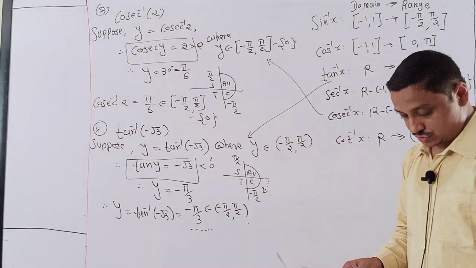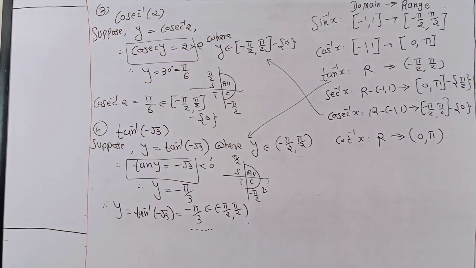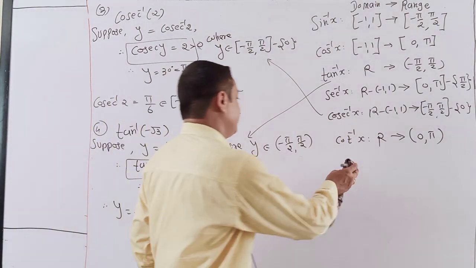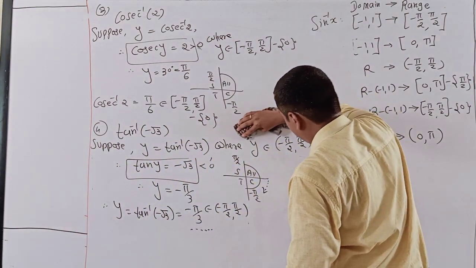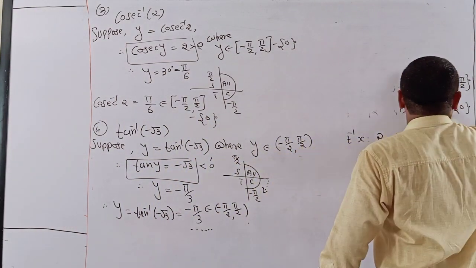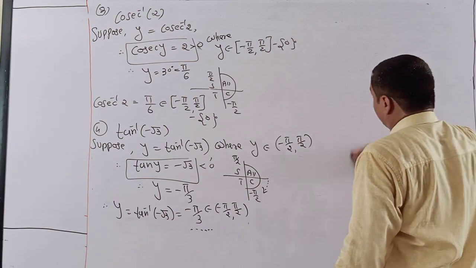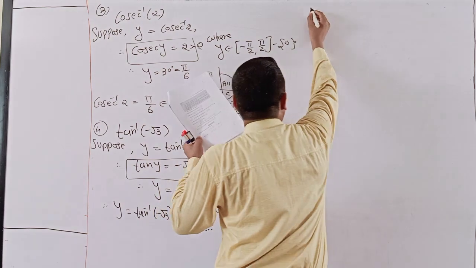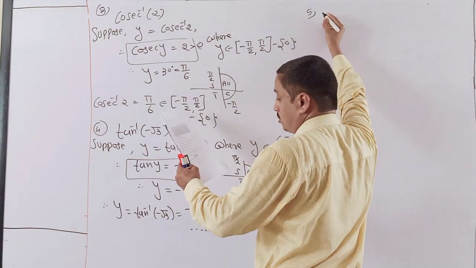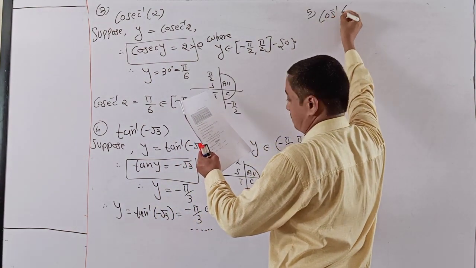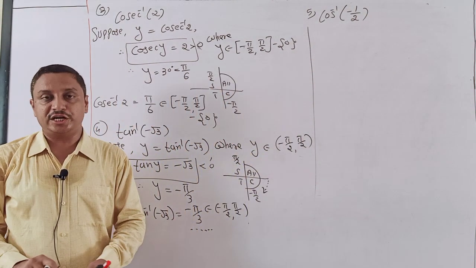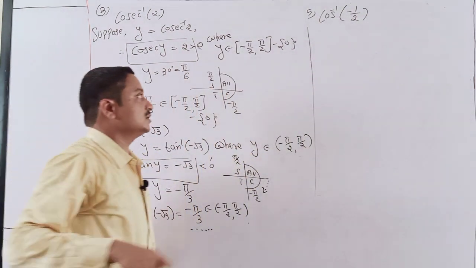Now continue. Move ahead. Question number 5. Yes students, I go to the fifth one. Fifth is also the same: cos inverse of minus half, with the same explanations as our previous sums.